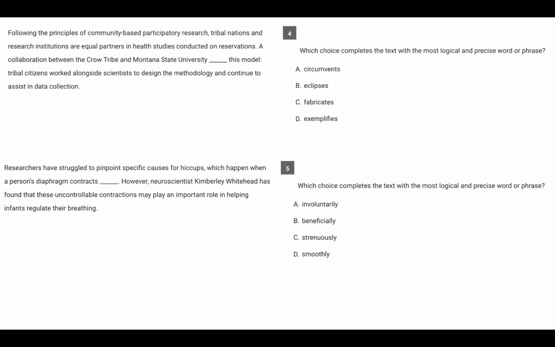Okay, now again, we are getting a statement, a collaboration between the Crow tribe and Montana State University, something this model. This is a general statement. And probably after this, they are just going to give us an example to prove this statement. This is a very, very common structure on the vocabulary questions of the digital SAT.